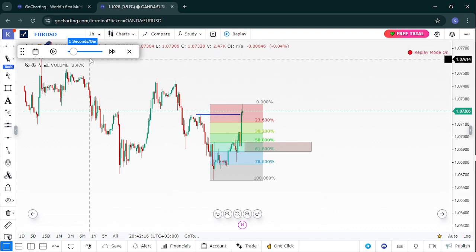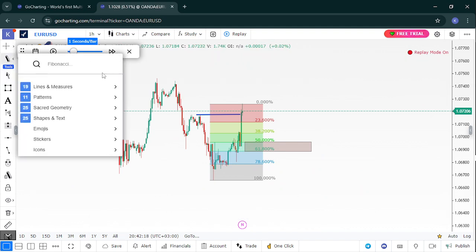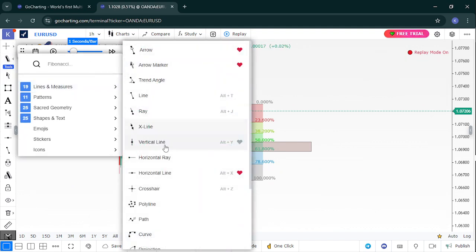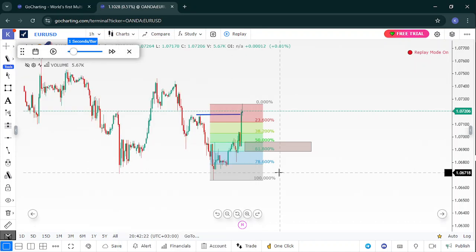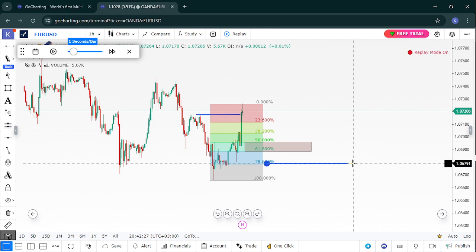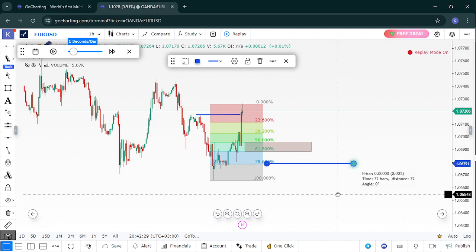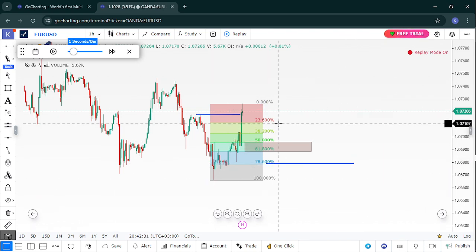So let's make sure that our stop loss is at 79. So what we have to do is to wait for the price to come back to this zone and put our stop loss at 79%.